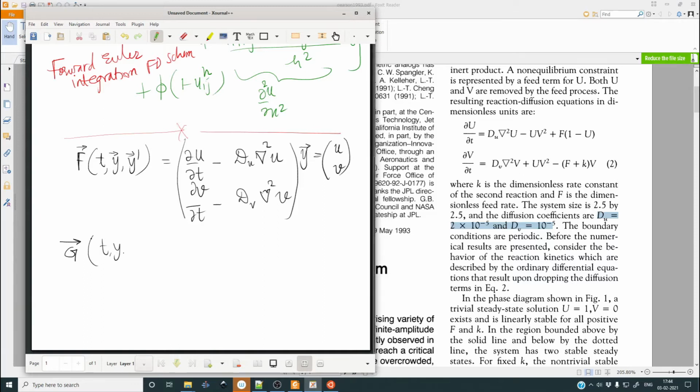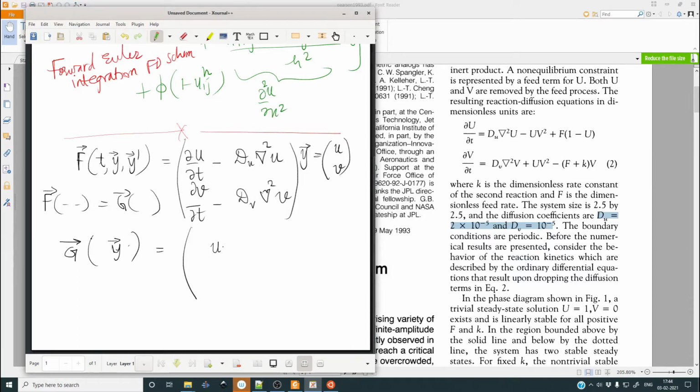So g of t, y. It's not a function of t, so I can drop this t and simply write it as g of y. It's in fact not even a function of y prime. So we want to cast it in the form f of whatever equal to g of whatever. Then these two terms have to go on the left hand side.